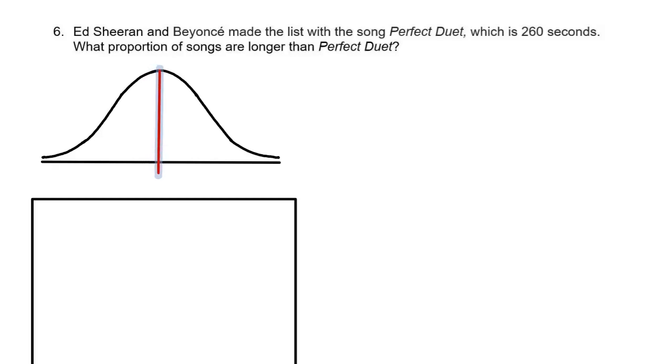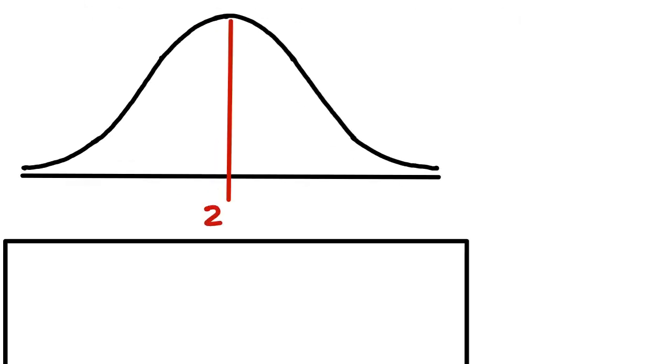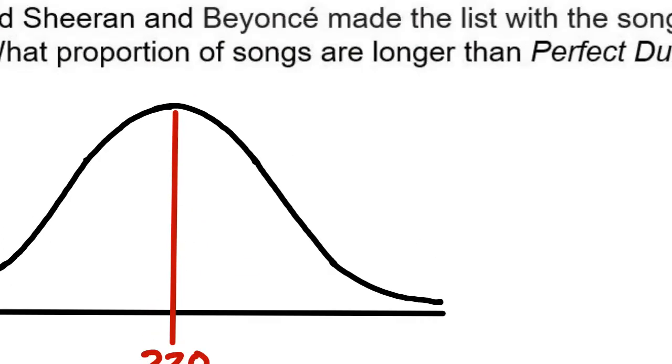What do you think goes right down the center? 220. Our mean goes right down the center. I have to let whoever is looking at this know that this is a normal curve. How do I do that? N, big N. And then parentheses, and what goes in my parentheses? Mean, 220.